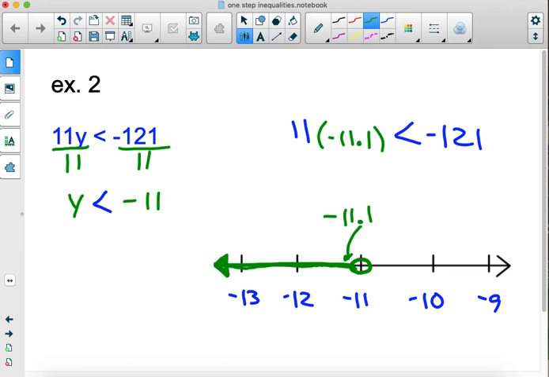Anybody know what that's about to be? Well, 11 times 11 is 121. So if I do that plus 1.1, it would be negative 122.1.